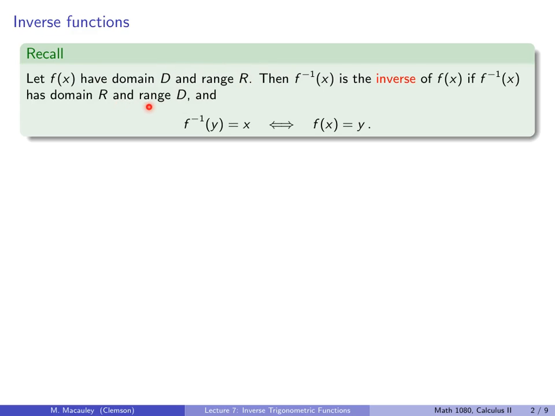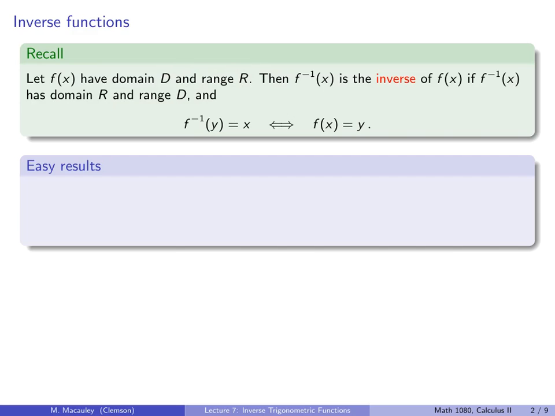But also f inverse of y equals x if and only if f of x equals y. So basically the inverse function just reverses the role of the input and the output. And that's it.